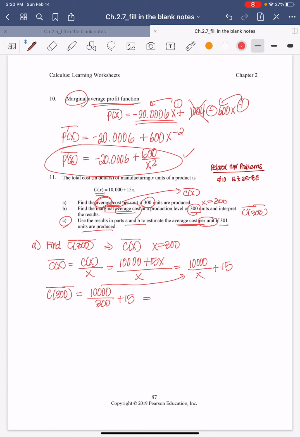I get the final answer as, and let's be consistent, it's in dollars, 48.3 repeating, so it will be $48.33.